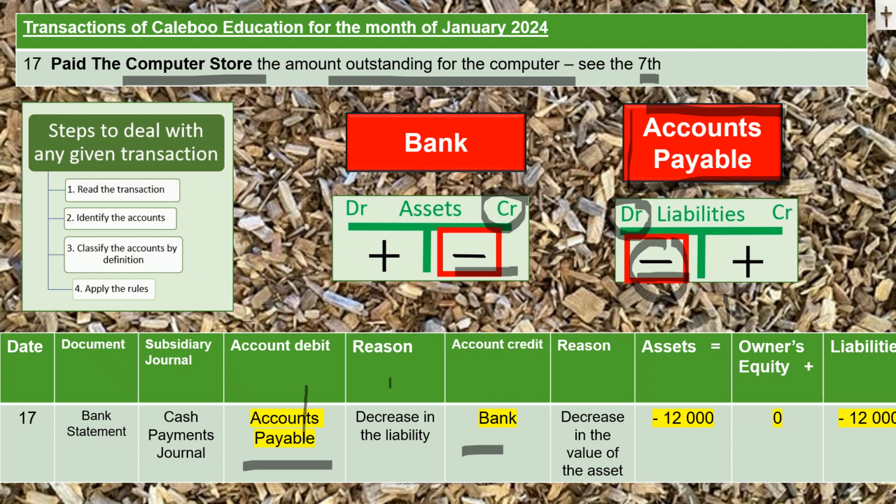The account that is credited is bank, decrease in assets. Minus 12,000 under assets, the liability has decreased by 12,000. I will show you some more details of that later. We paid a creditor, and that's how we record it in this accounting equation table.